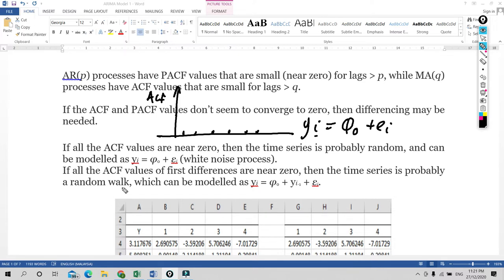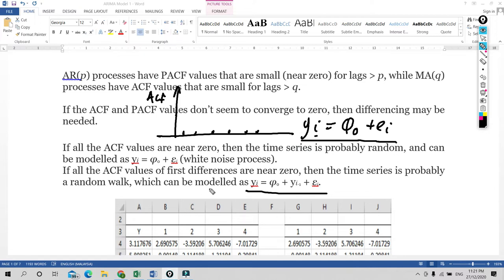If after first differencing your ACF is near zero, your time series is a random walk. This is a random walk model, and this is a white noise model.